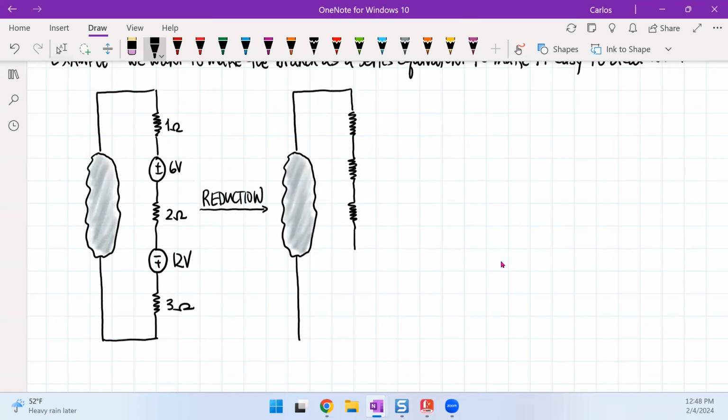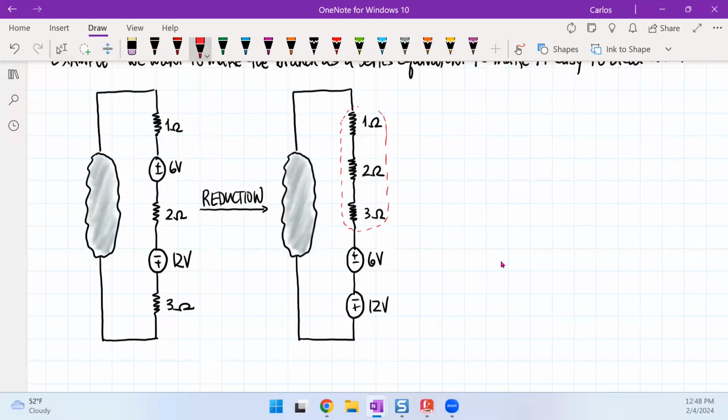And then I'm going to have my power supplies, which I'm going to combine into this shape right here. So now you can see that I have a 1, a 2, and a 3 ohm resistor. And over here, I have my 6 volts, and this is my 12 volt source. So the first thing that I did here is group all of the resistors together, and then the next thing I did is group all of the sources together.